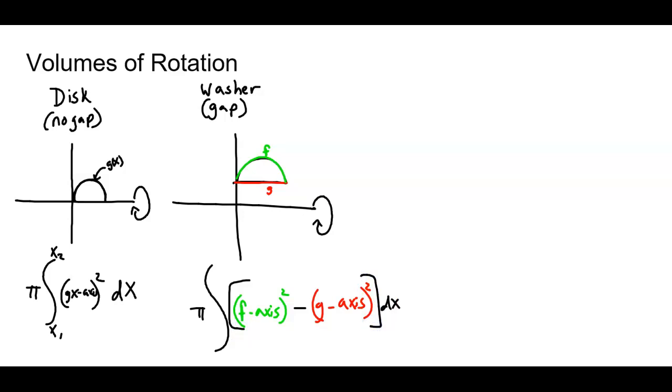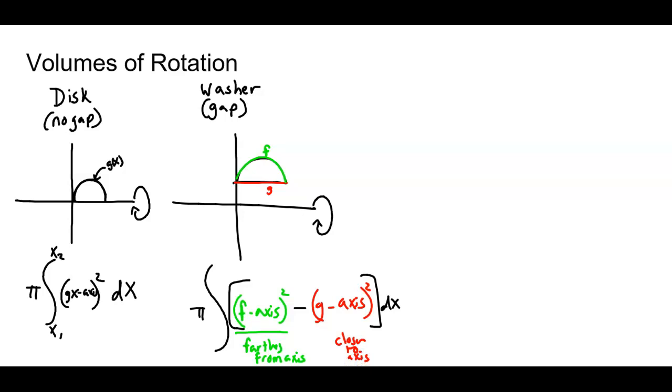So what goes first is the one that's farthest away from your axis, and this one is the one that's closer to your axis.